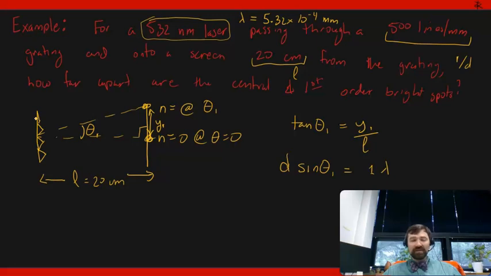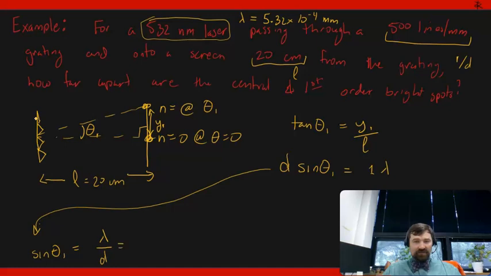And now the millimeters can cancel with each other, because if I rearrange this equation, I get sine theta 1 is equal to lambda over d. And so that is 5.32 times 10 to the minus 4 millimeters, and then d is 500, so 5.00 times 10 to the 2 inverse millimeters, lines per millimeter.